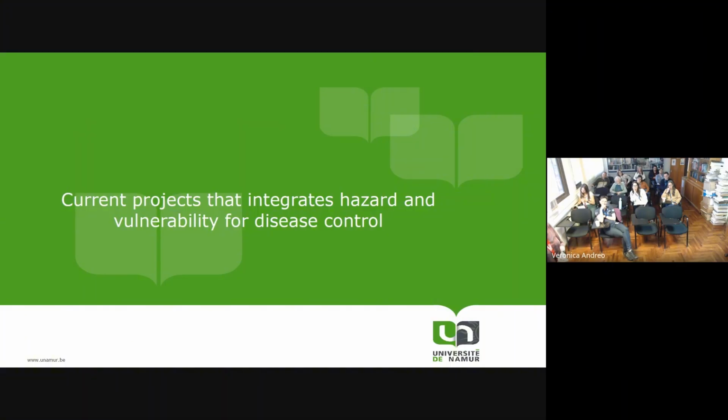Okay. So I will present 3 current PhD projects now. I will not talk about José's work because she had the chance to present it in June, but I will focus on 3 others.